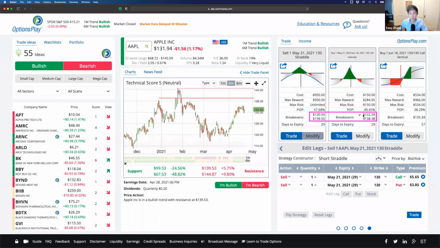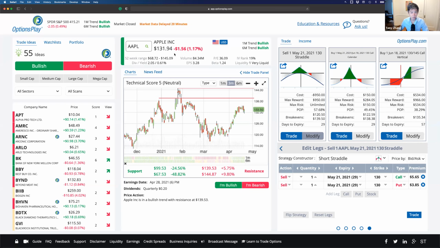So this one is actually $2 wider for May. And I've limited my risk here to just $150 a contract, or $1.50 per share, versus here I have unlimited risk. So that's why, again, when I have a neutral view, I much prefer using a strategy like a call calendar spread rather than a straddle.